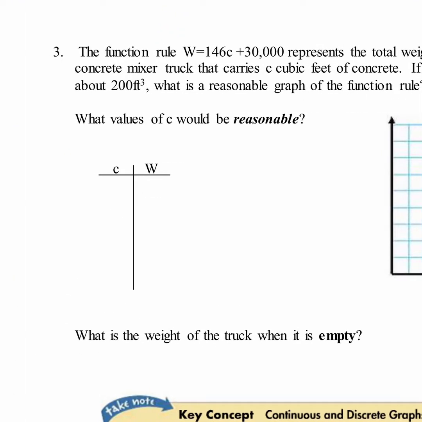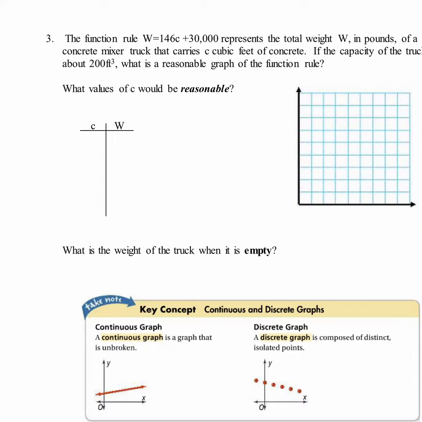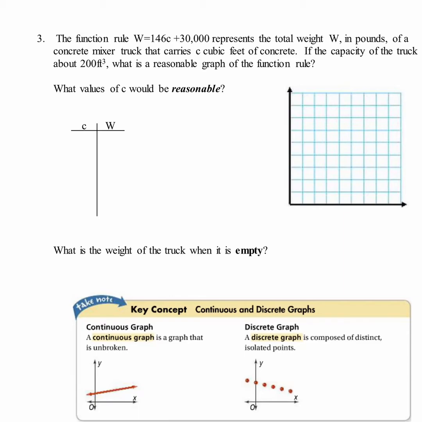So the function rule W equals 146C plus 30,000 represents the total weight in pounds of a concrete mixer truck that carries C cubic feet of concrete. If the capacity of the truck is about 200 feet cubed, what is a reasonable graph of the function rule? So if you think about this, what values of C would be reasonable?